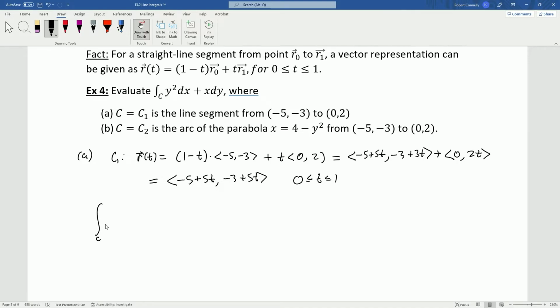All right, let's go ahead and set up this integral. If I'm trying to do this type of integral with respect to x and y separately, then I just need to treat this as a sum of two separate integrals. Now we need to know dx/dt. For this curve, dx/dt is just going to be 5. dy/dt is also going to be 5, right?